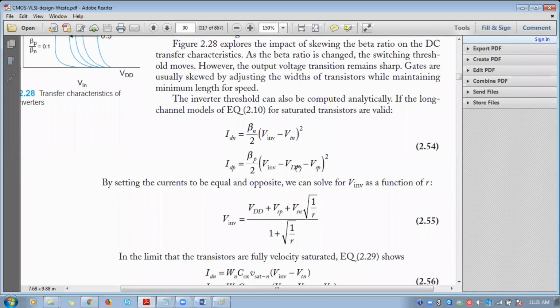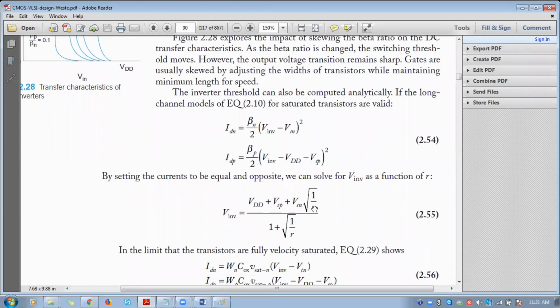By equating and rearranging the equation to calculate Vin, we will get the formula like this. Here R refers to the beta P by beta N ratio. We are going to consider the unskewed inverter. For the unskewed inverter, this R value equals 1. So the denominator will become 2, and the numerator will become VDD plus VTP plus VTN.